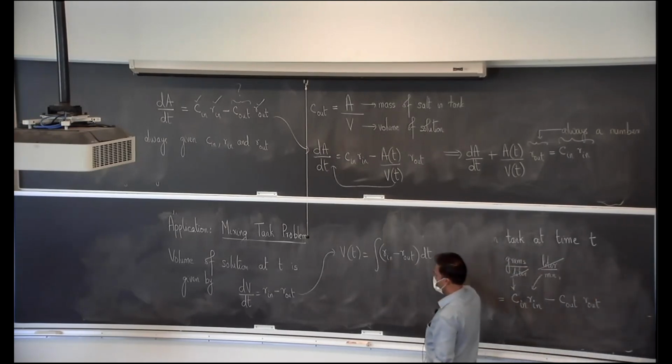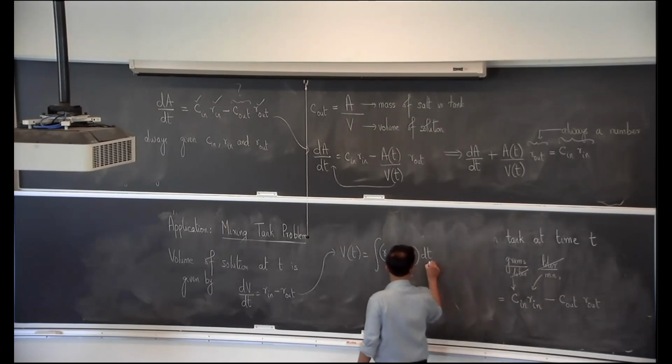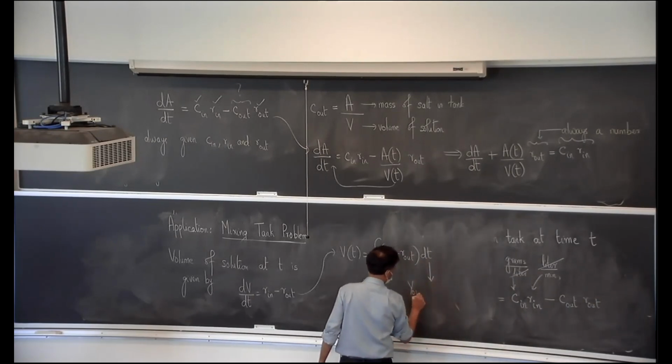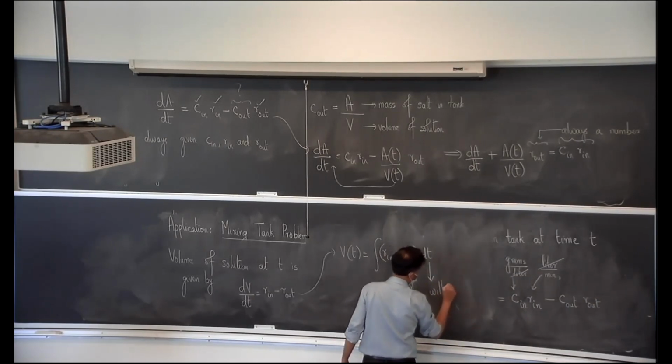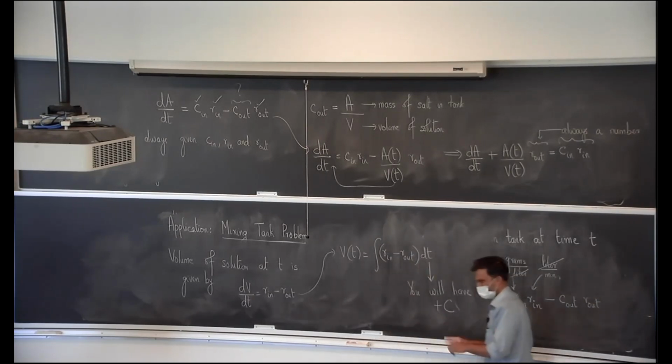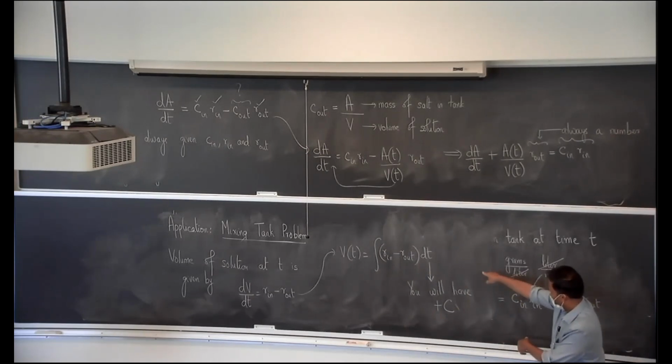Now don't forget the plus C when you do this. There are two plus C's here. One is the one that you get from the volume of the solution in the tank, and the other one when you solve the differential equation at the end. So there are two C's here.